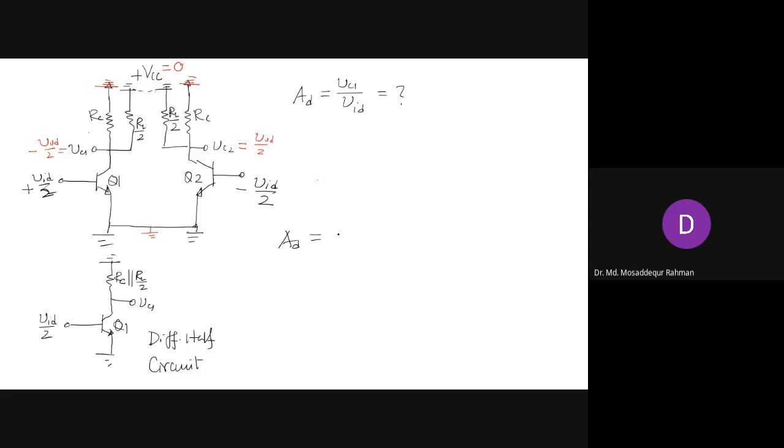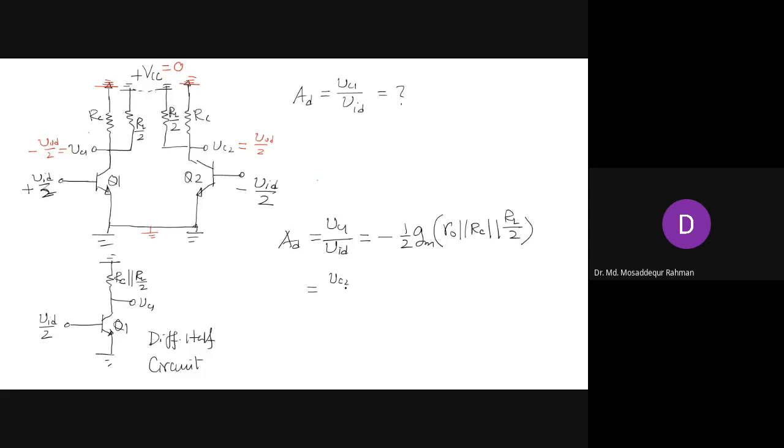So the voltage gain for the single ended output, VC1 by VID, will be minus half GM, and then we have, as previously, R naught in parallel with RC. Now we have another component here, that's the load resistance, that will be half of RL. So that will be our total gain expression for the single ended output from collector 1.